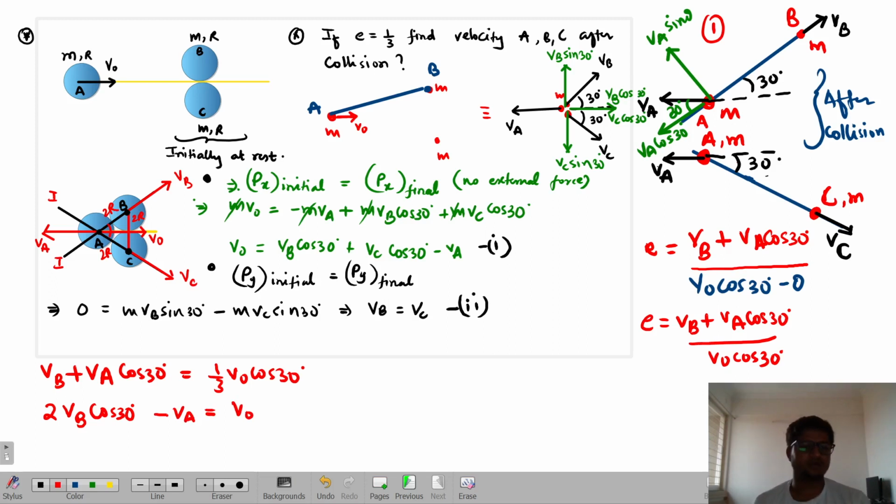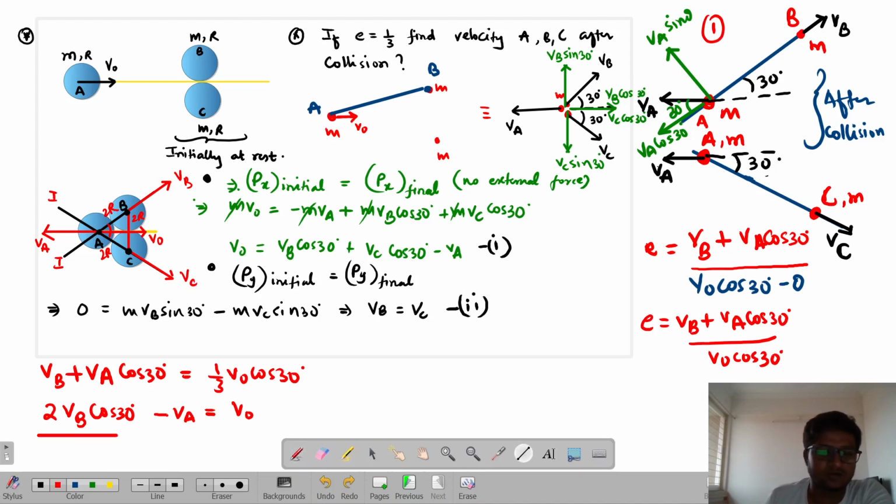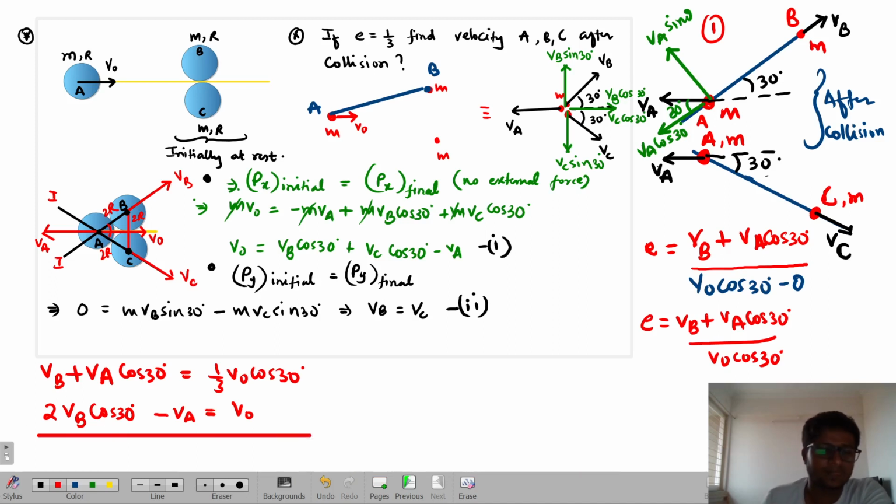So just divide by cos 30 or multiply, you will have to see that. You just try to solve it. Is that clear? Just divide by cos 30 and apply substitution and all, and you will get the same answer of VB and VA. So that's your task to do.